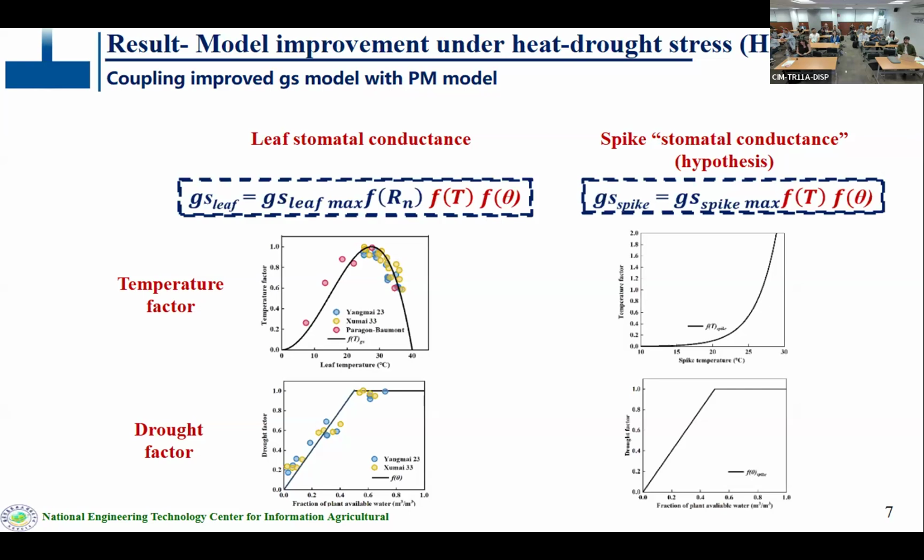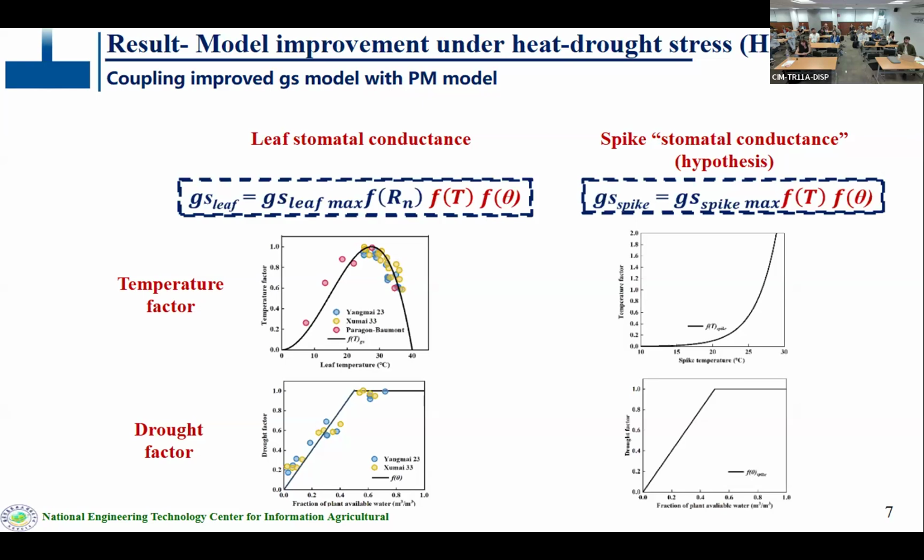We found that at night, the leaf temperature is very close to the air temperature, but the spike temperature is significantly lower than the air temperature. So we think that at night, the spike still maintains transpiration to dissipate heat. So for the ET simulation, we can't overlook the contribution from the spike.